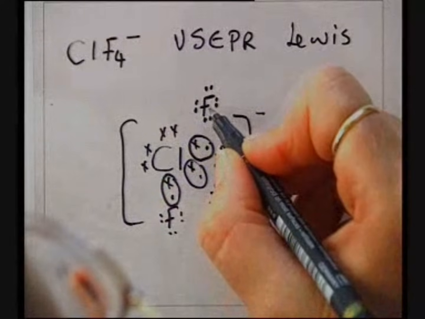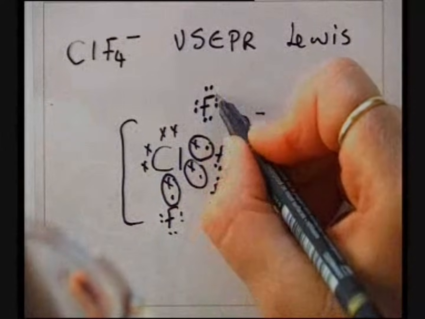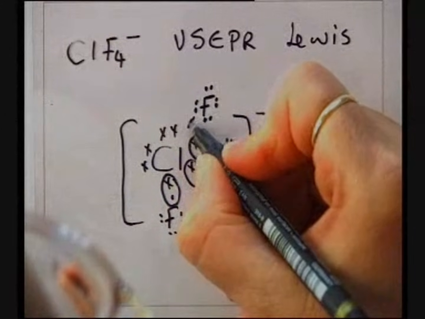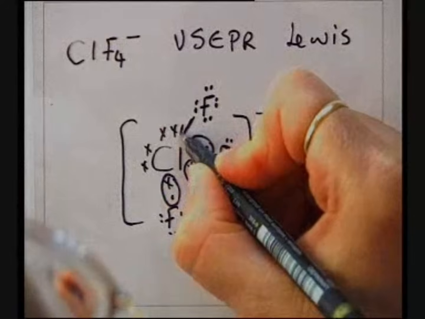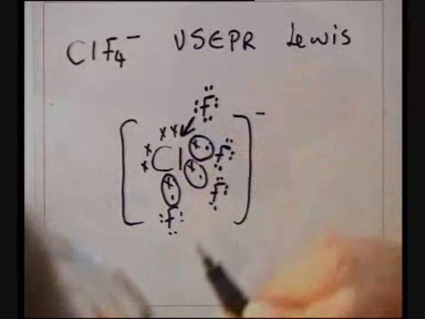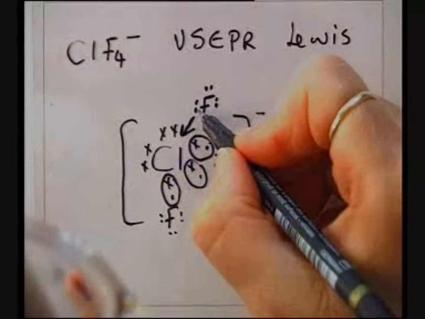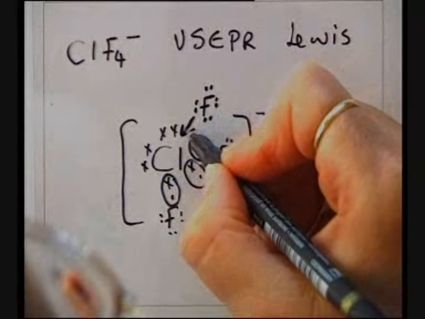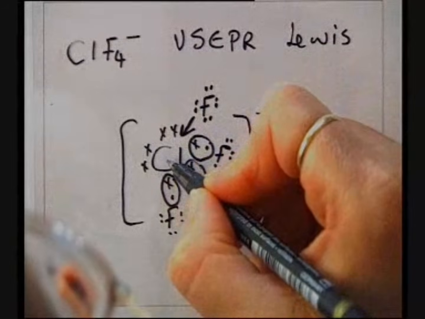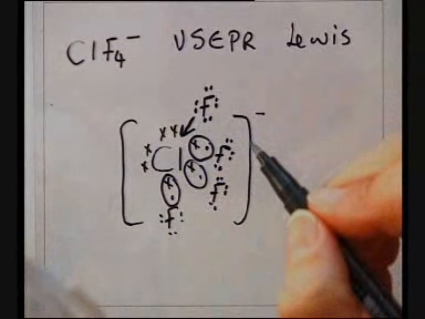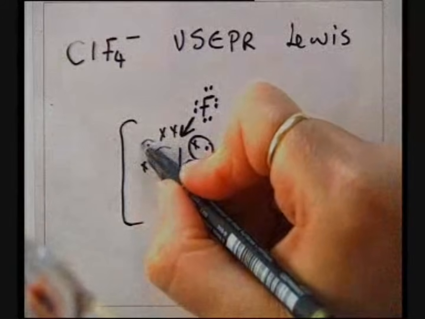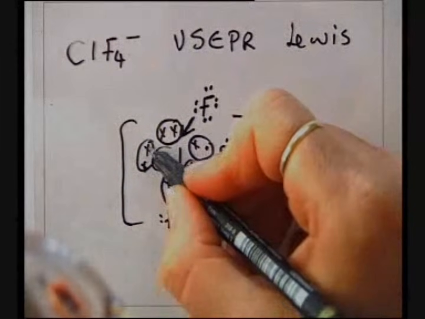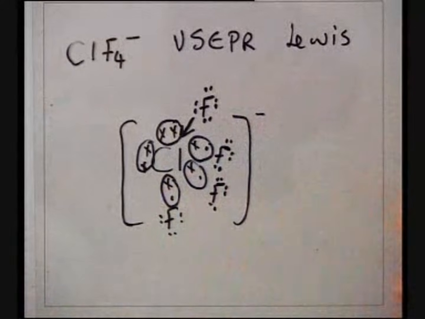To form a covalent bond from the fluorine atom having already got an electron octet, we make use of a so-called dative covalent or coordinate covalent bond. 2 electrons will be donated from the terminal fluorine atom to an open orbital around the central chlorine atom to form a covalent single bond. And then we've got 2 lone pairs on the central atom.